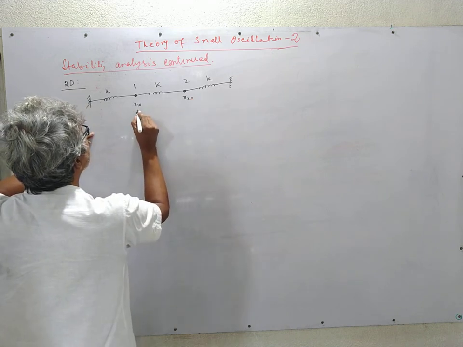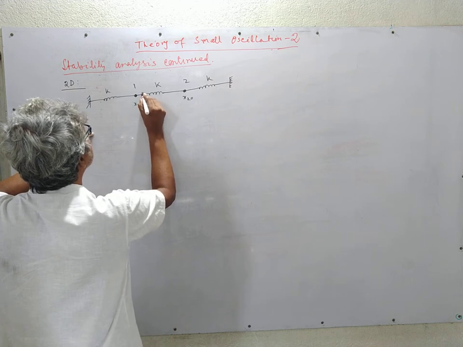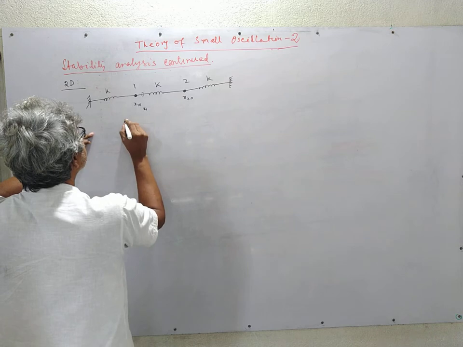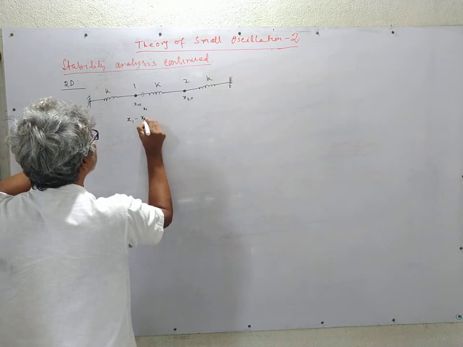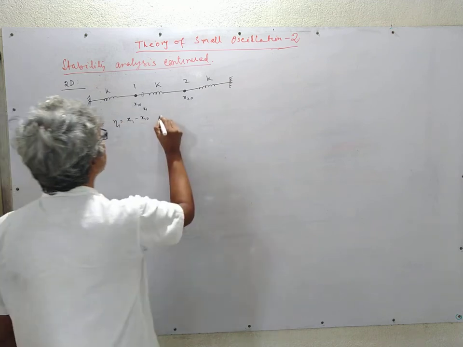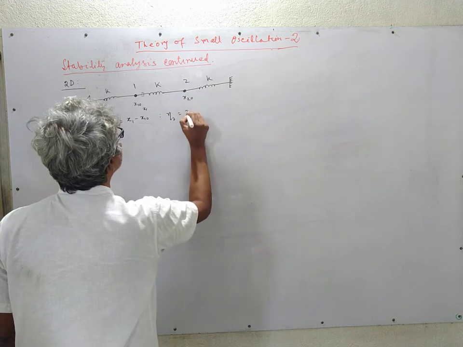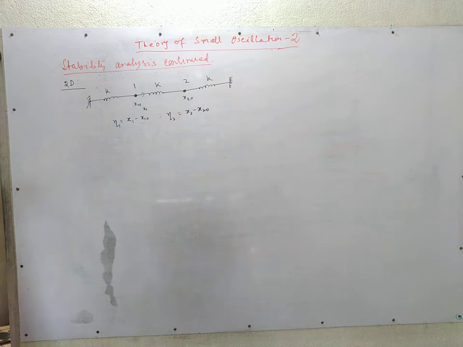If it is slightly displaced, so this comes over here, then the displacement of the particle from the equilibrium position is denoted by eta 1. Similarly, eta 2 represents the displacement of particle 2 from its equilibrium position. So here we consider eta 1 and eta 2 as the generalized coordinates.